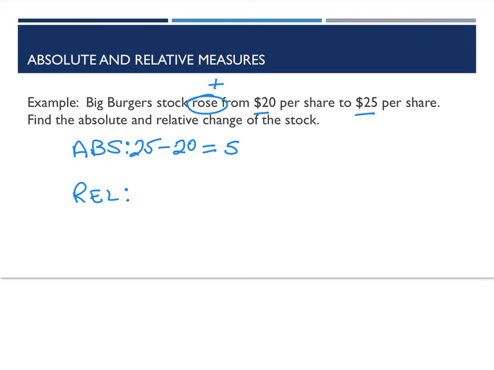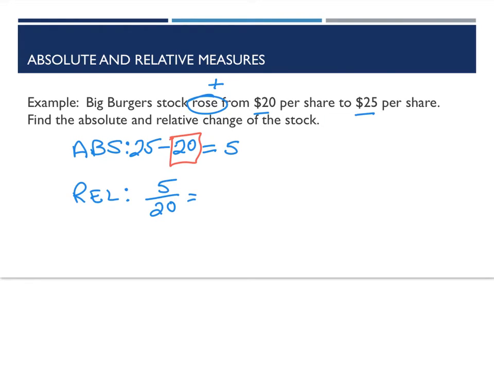My relative is my absolute answer divided by the reference value. Well, if I have set up my subtraction correctly, that is my reference value every time. So I don't have to hem and haw over which one do I divide by.